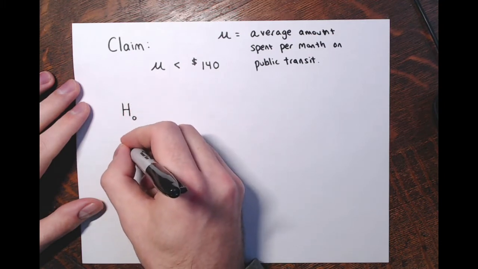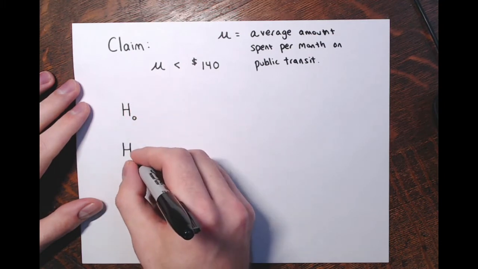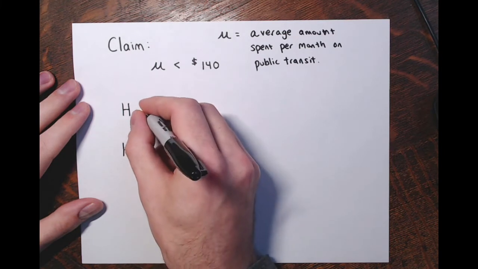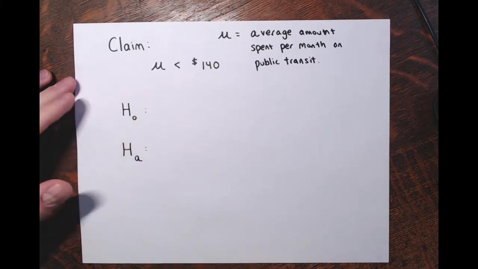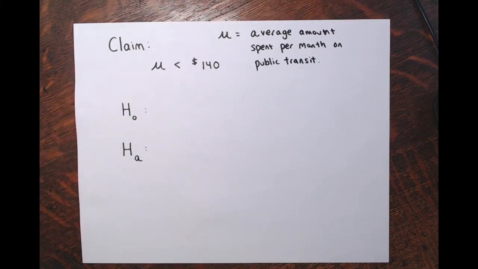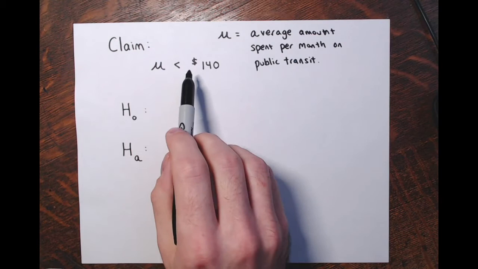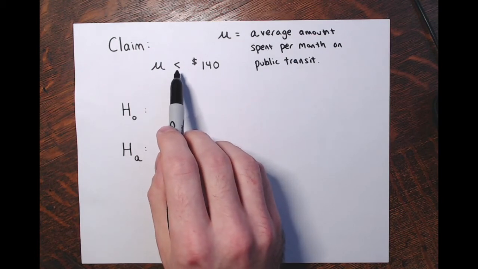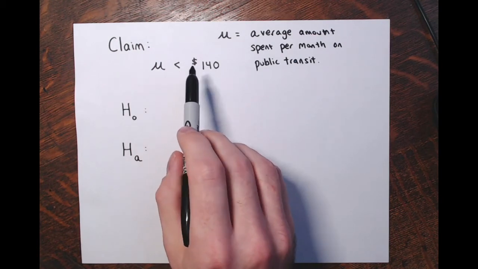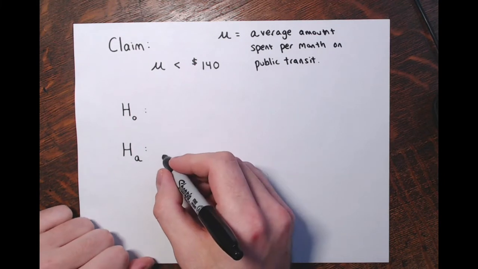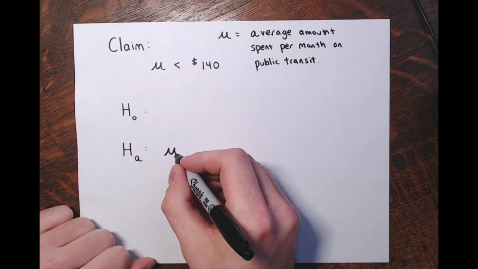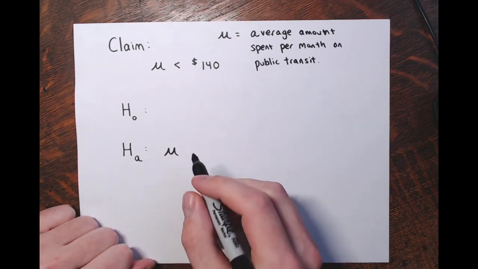You have your null hypothesis, which was H sub 0, and your alternative hypothesis, H sub A or H sub 1, depending on what videos you're looking at or books you're looking at. The claim did not involve equality. Right? Mu is less than 140, so the claim will be represented by the alternative hypothesis.